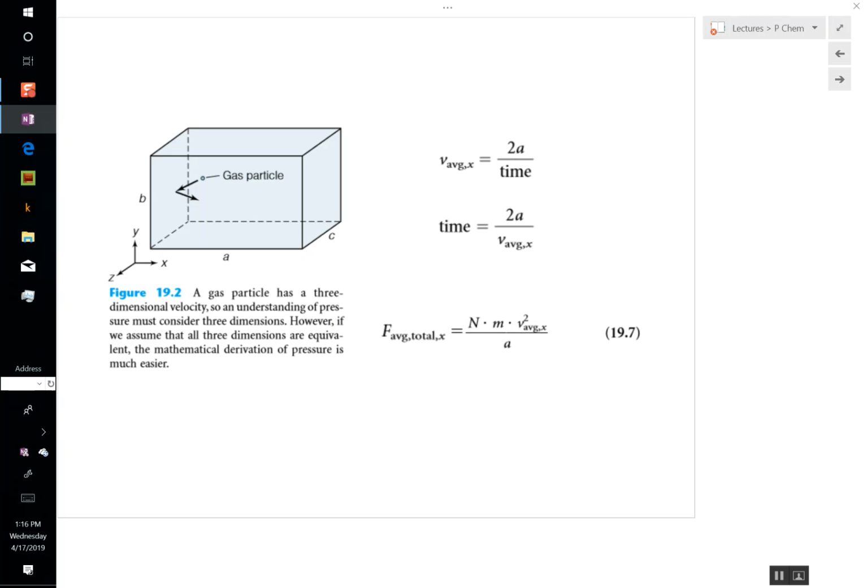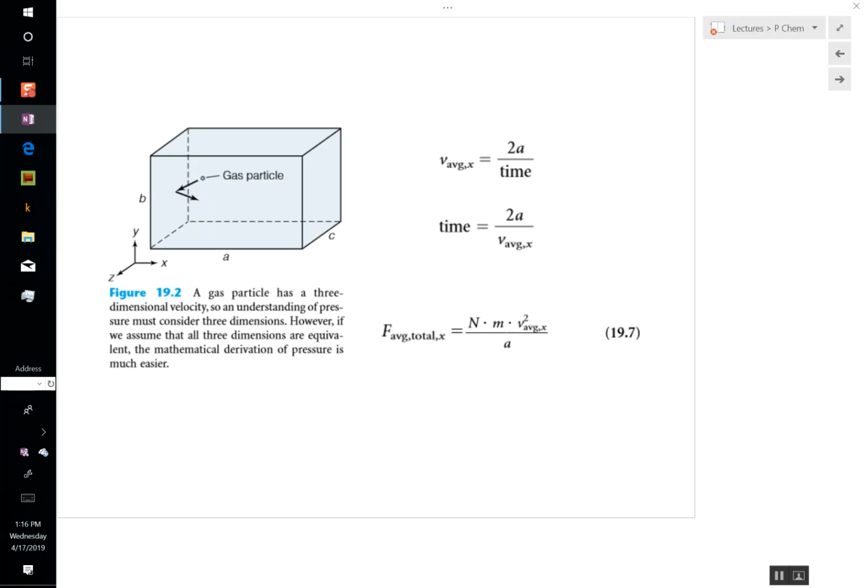A is going to start showing up in here not as acceleration, but as the dimension of this box. And what they're looking at here is how much time does it take for that particle, if it hits the wall over here, to get back to the other side?